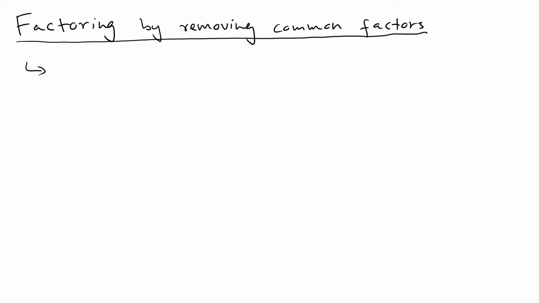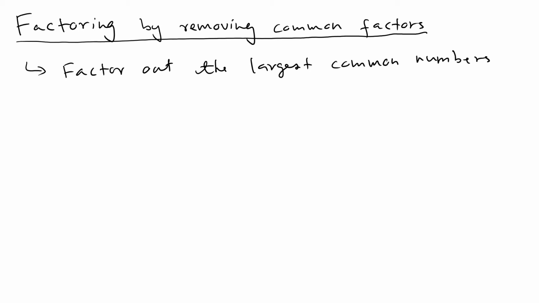So factor out the largest common numbers and common variables. It will be clear from an example, so let's look at a few examples.